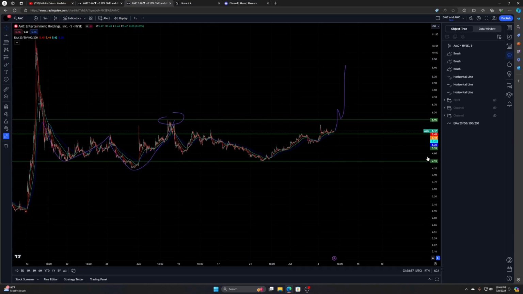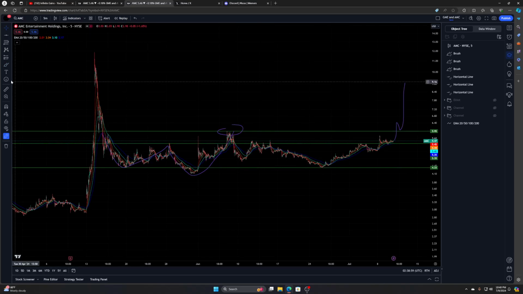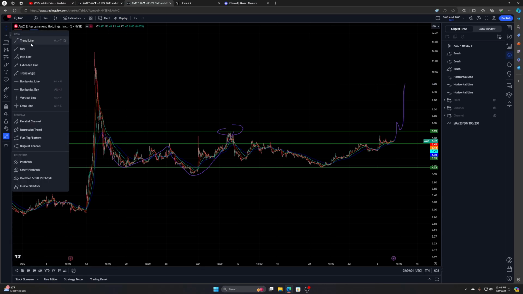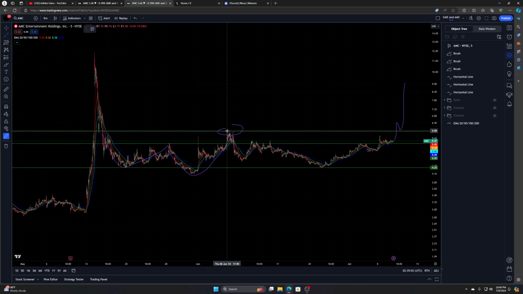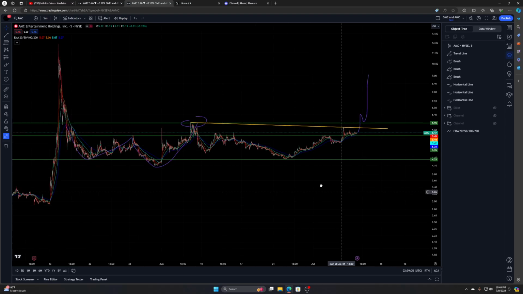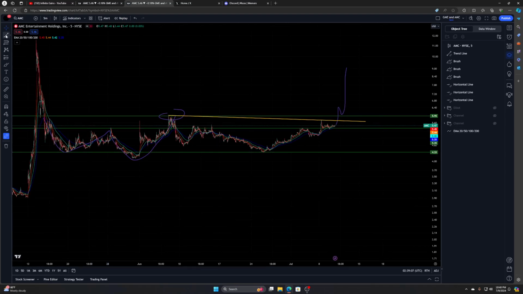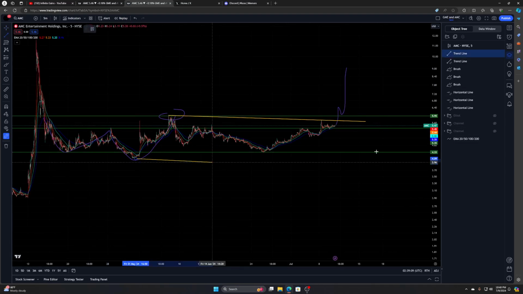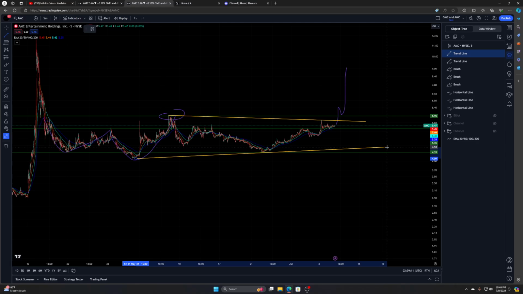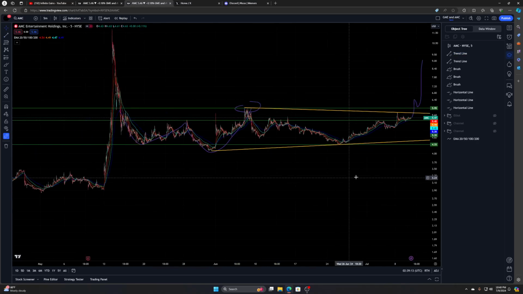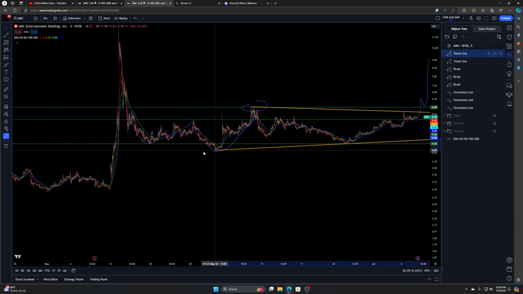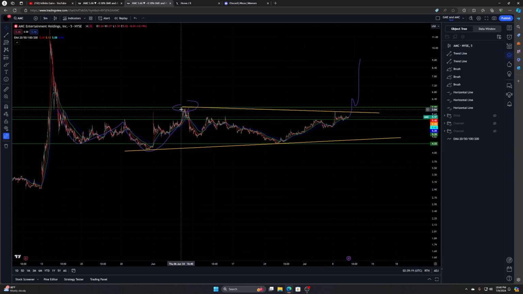Now, another idea that you would be looking at is this trend here, and then you have a bottom here, and then you would make a trend here. Let's move that there. Okay, that makes sense.